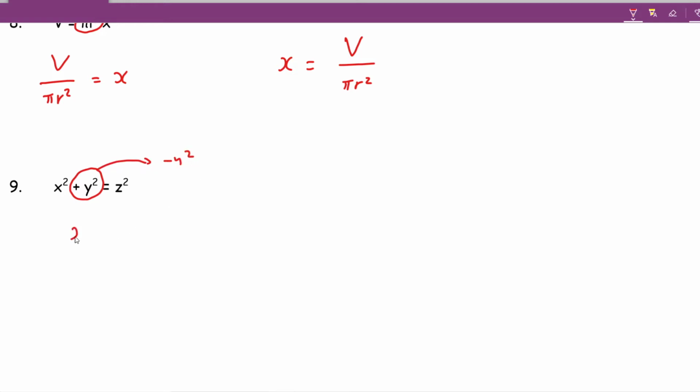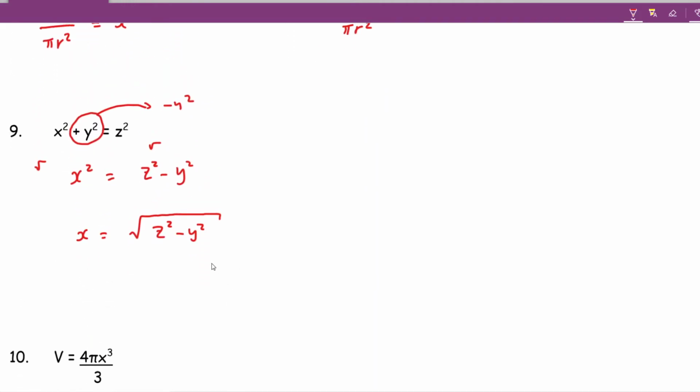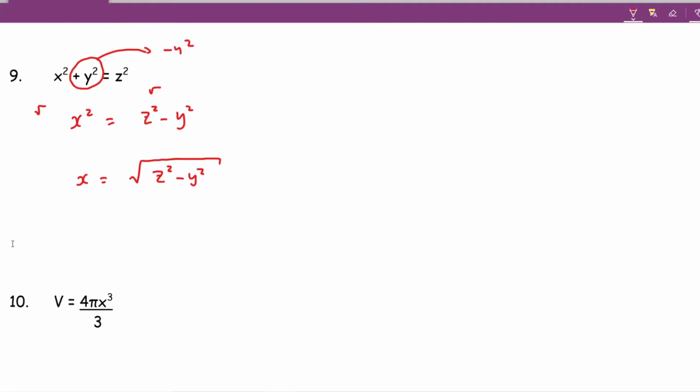So you end up getting x squared is equal to z squared minus y squared, and the opposite of squaring is square root, so you end up getting x equals the square root of z squared minus y squared. Just stick to your solving equation styles and step by step run through them.